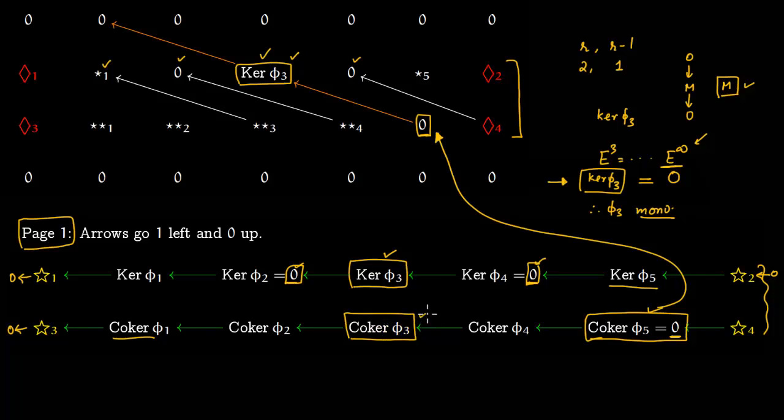You have to make it stable here, then you have to put this as 0, this is 0, so this thing gets copied right here, and then you know that 0 is coming into it, but 0 has to be coming out of it, so this has to be 0. So then you have to say that this phi 1 is a monomorphism or something like that. So this is an easy way to see a proof of 5 lemma.